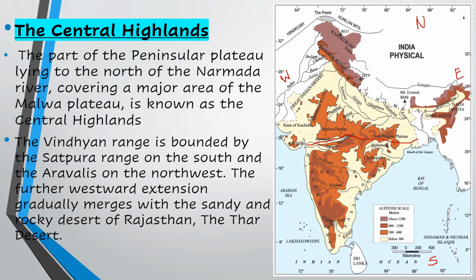So, the part of the Peninsular Plateau is this thing. This is the tabletop land, okay? You can see this. It is almost triangular in shape. And see, this is the Deccan Plateau. Yes, clear, children? So you can see the rift that has been created.